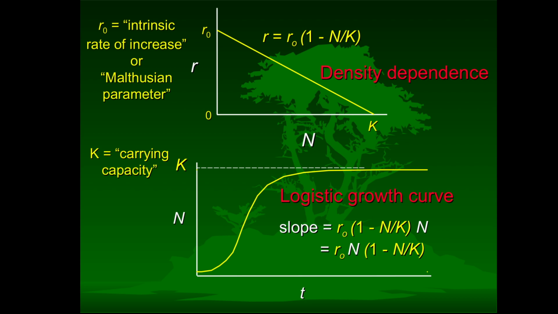So some feature of the environment is reducing little r, but how much it reduces little r depends on the density of the population. It's density dependent. Density dependence is defined as a change in the survival or fecundity of an individual as a result of the number of individuals in the population, which is the density or number per area.